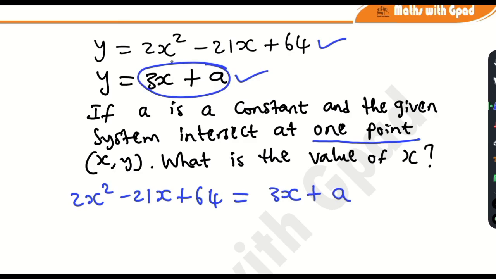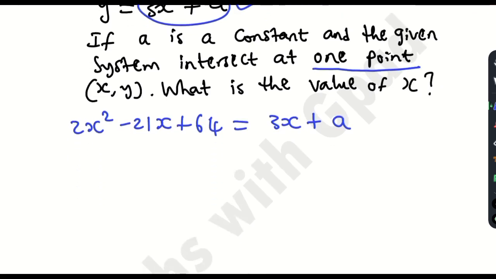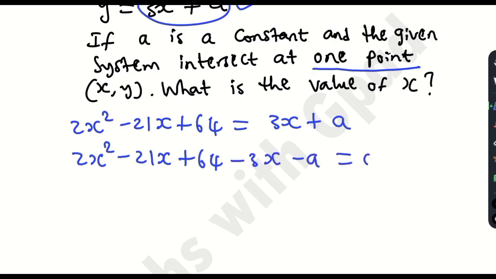Now let's take 3x plus a to the left-hand side and have them on one side. That's going to be 2x squared minus 21x plus 64, then minus 3x, then minus a, all equal to 0. Let me rearrange this now. That will be 2x squared, minus 21x, minus 3x, plus 64 minus a.